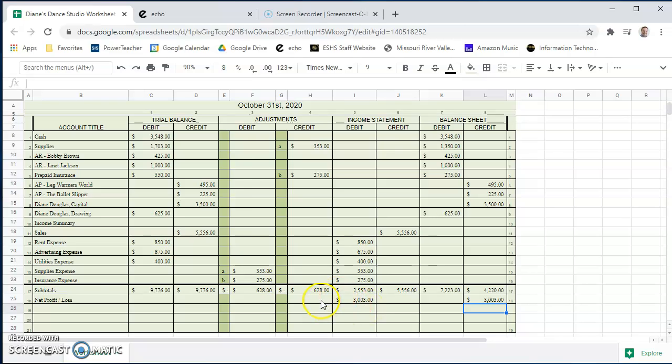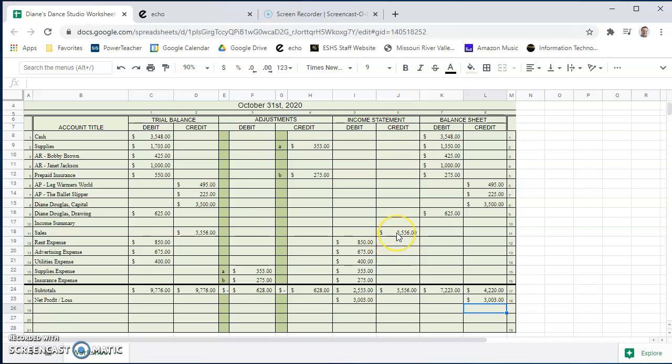All right, now I mentioned that this number represents the net profit or the loss for the business. It can be a little challenging to determine if it is a profit or a loss. So to do that, I want to focus in on this income statement section right here, because the income statement section represents our revenue and our expenses. Revenue is our sales. It's the money that's coming into the business when we sell something. And expenses are the things that we have to pay for to operate the business.